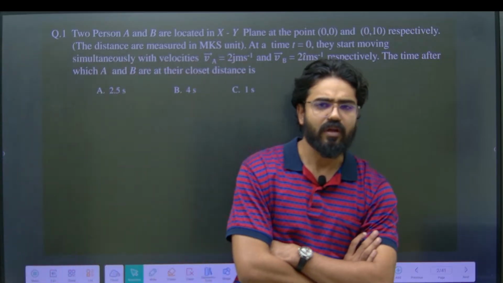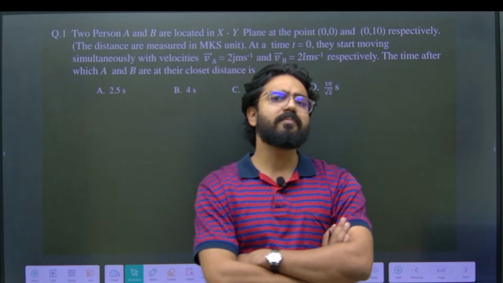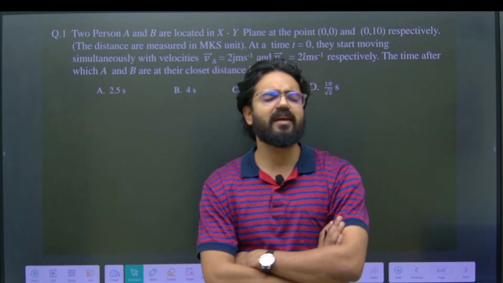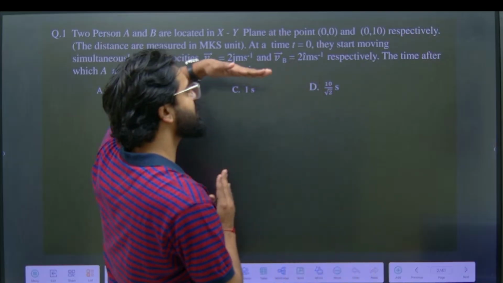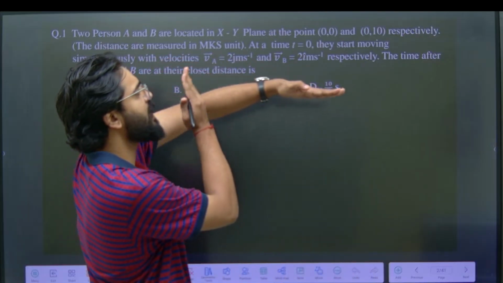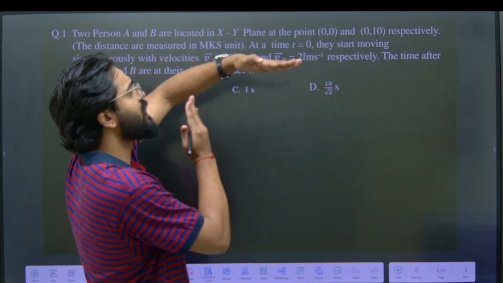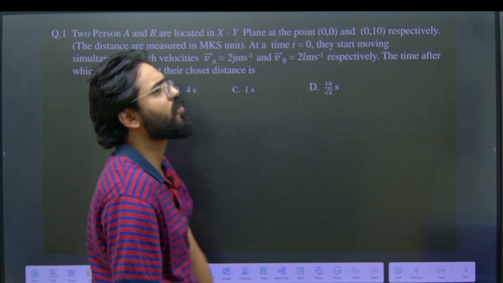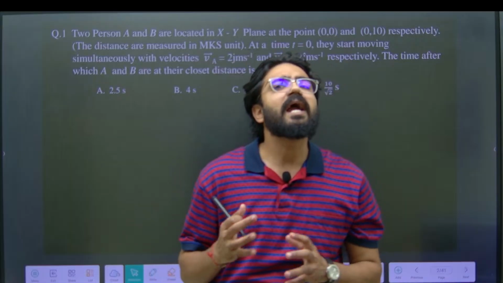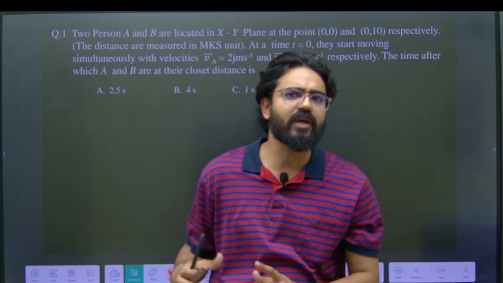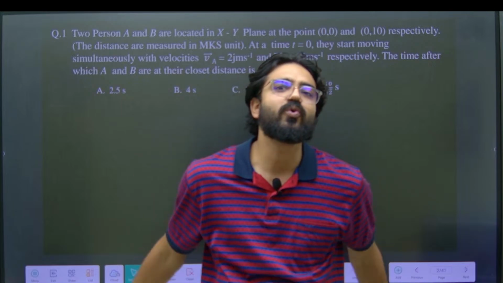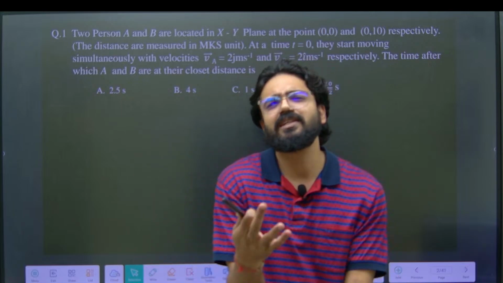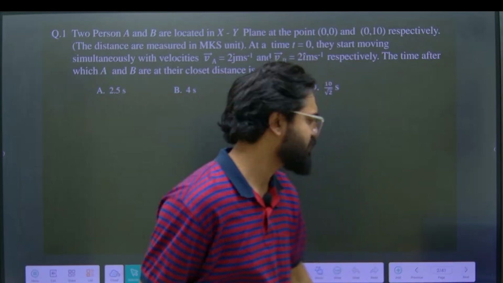One thing is quite sure, they will not collide at any time. Why? Because this guy is moving over here and this guy over here, so when he reaches here, they will never collide. They will be at some shortest distance. It's a topic related to relative motion in 2D, and there are just 2 to 3 such questions, okay? So let's do it, sir.